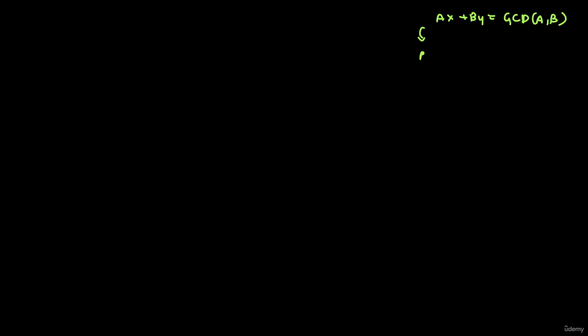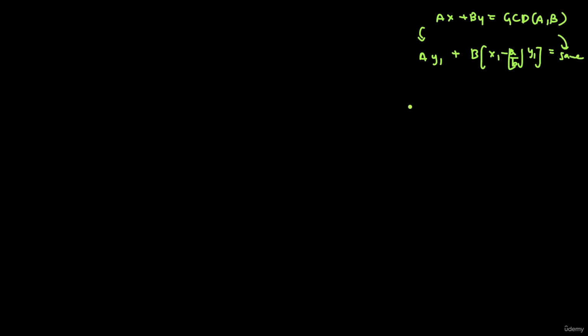So this becomes a y1 plus b times x1 minus the floor of a by b into y1 equals the same value, that is gcd of a, b.